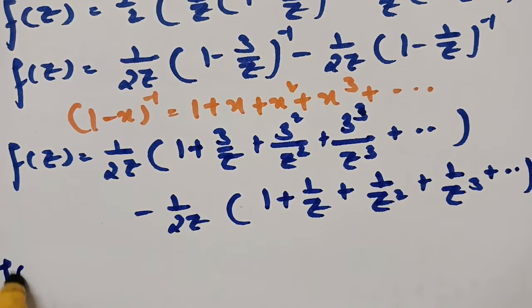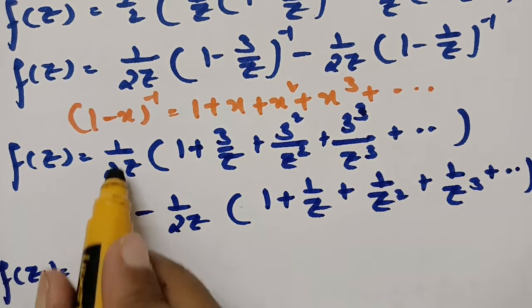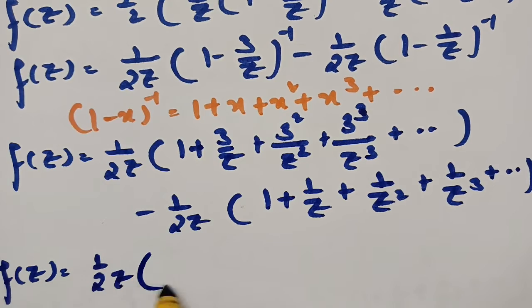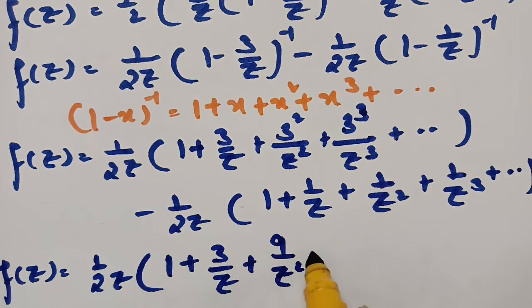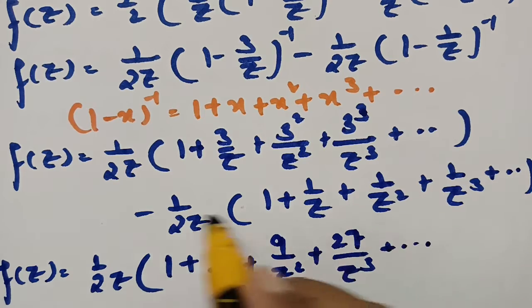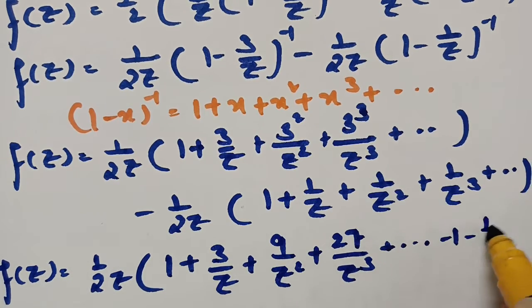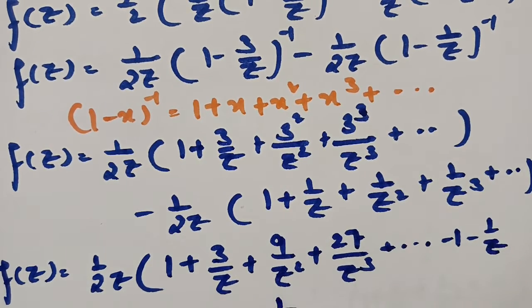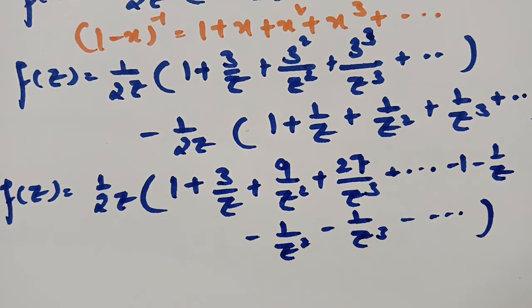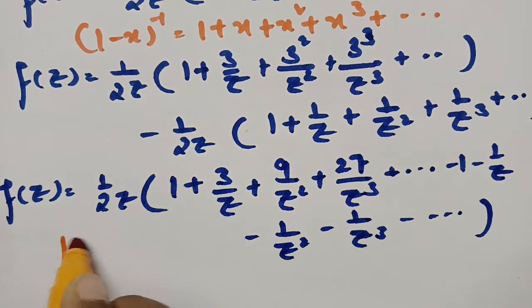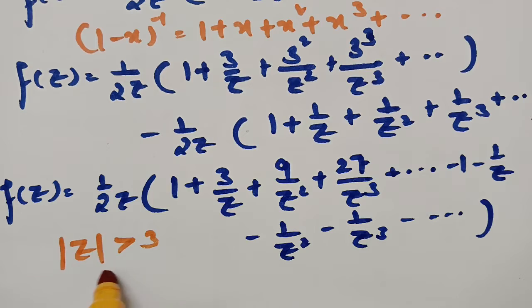So this can be written as f of z equal to, if I take 1 by 2z common from these two, 1 plus 3 by z plus 9 by z square plus 27 by z cube plus and so on. Here this will be minus 1 by z minus 1 by z square minus 1 by z cube and so on. So this is for the condition mod z greater than 1.